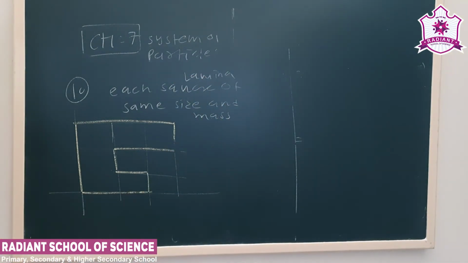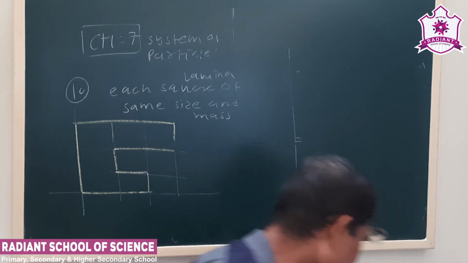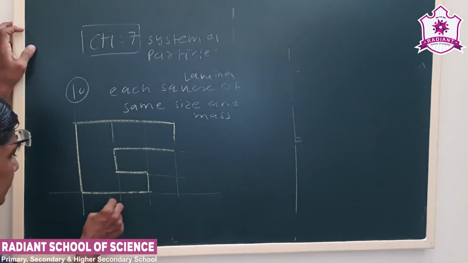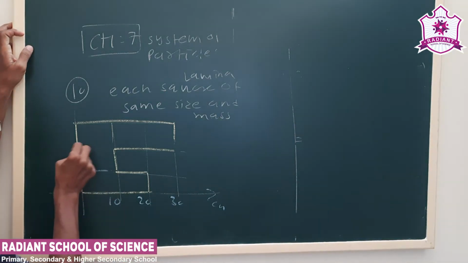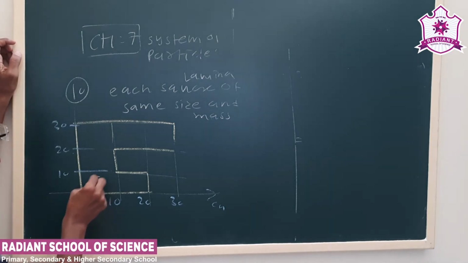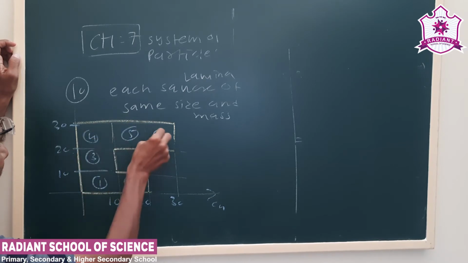What is the lamina we have discussed earlier? See, the thickness is very small compared to the dimensions. Each square has 10 centimeter here, 10, 20, 30 centimeter, here also 10, 20, and now see here 1, 2, 3, 4, 5, and total 6 masses.